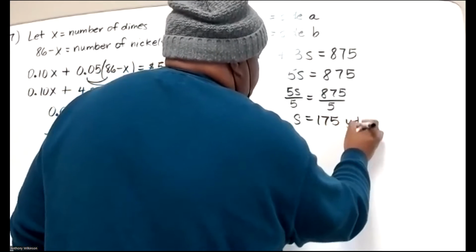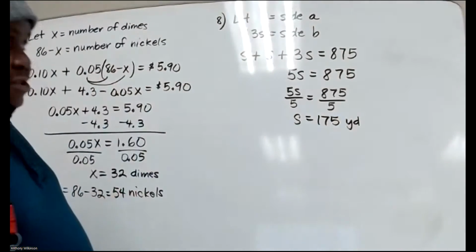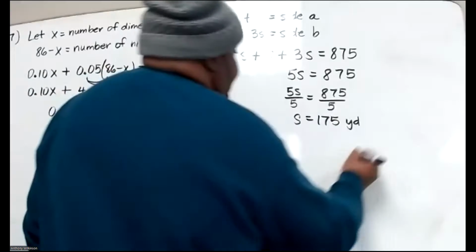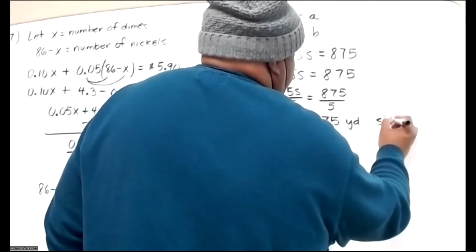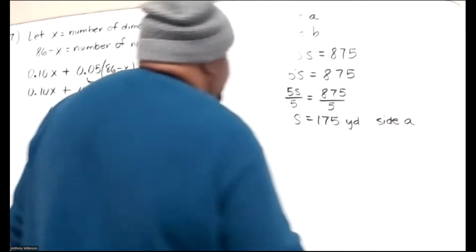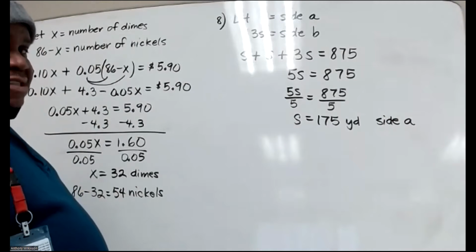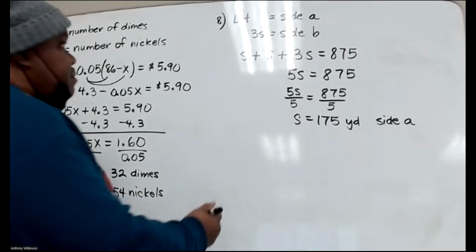I'm putting 175 yards because it is in yards. So that means side A, S equal the length of side A. Side A has to be 175 yards.